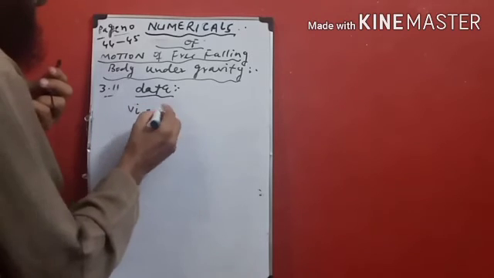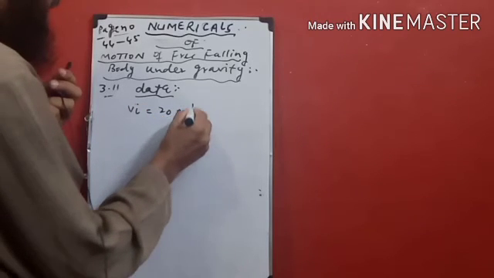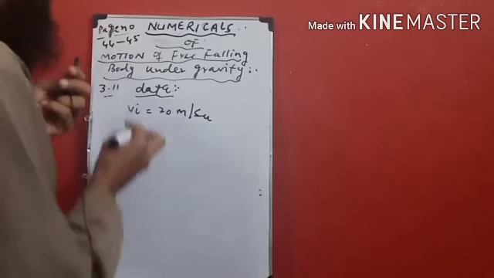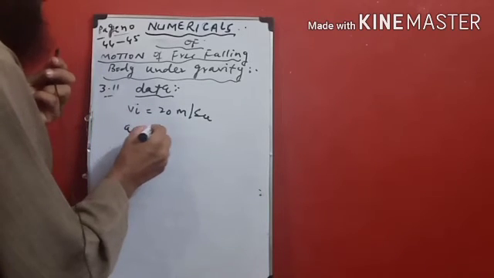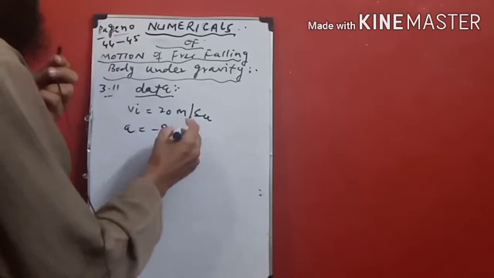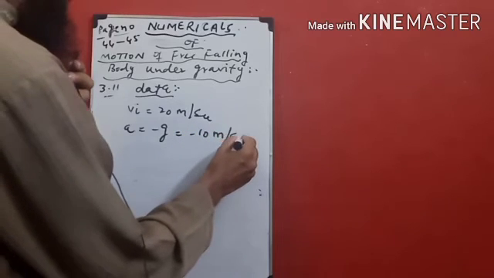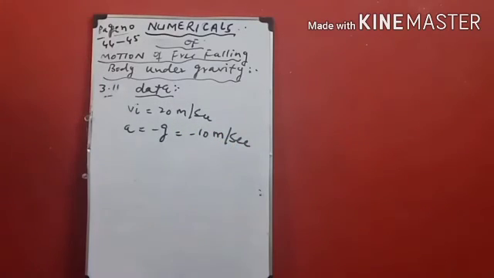Vi is equal to 20 meter per second. But here the acceleration equals minus g, or minus 10 meter per second square, because the body moves away from the earth.